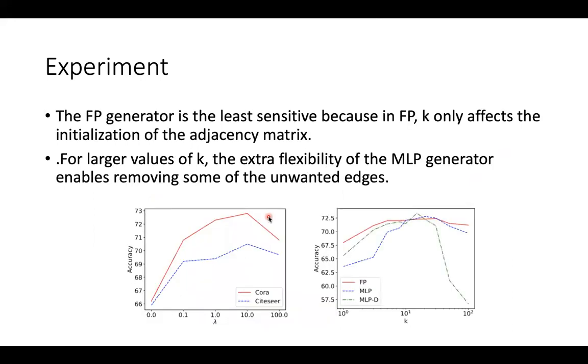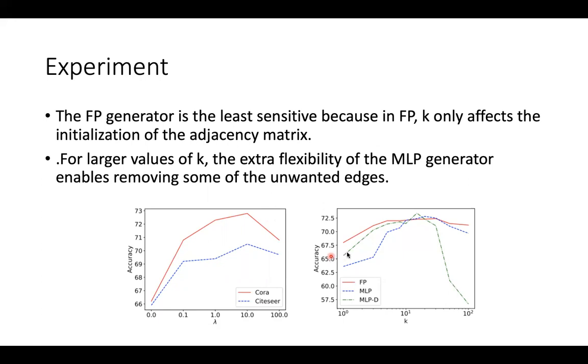And they also studied some parameters, for example, the influence of lambda and how to select this K. So essentially, for different graph generators, they have different sensitivity to the selection of K. For example, if the graph generator is assumed to be just a free theta, the K only affects the initialization of the theta adjacency matrix.